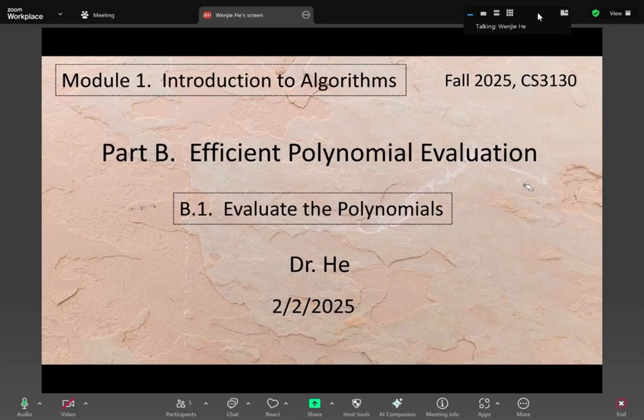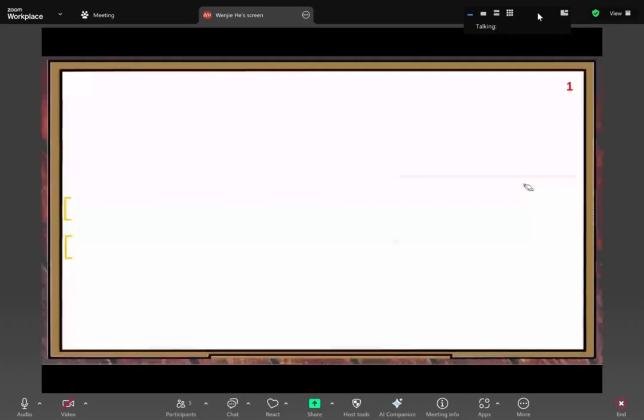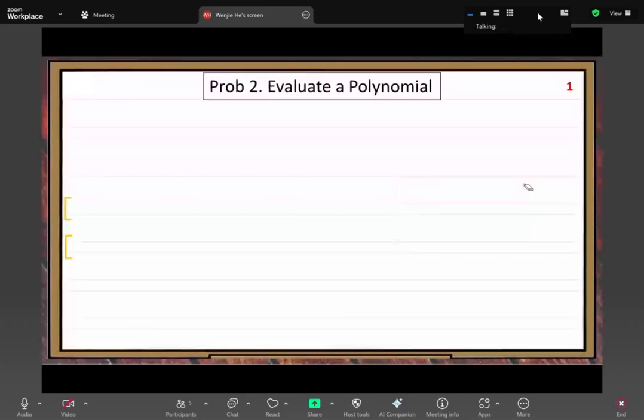B.1, evaluate the polynomials. First, let's look at our problem. Our second problem, how to evaluate. Based on what I did in the previous class, when we solved that chessboard problem, we talked about one important consideration in this class: solve the problem efficiently.